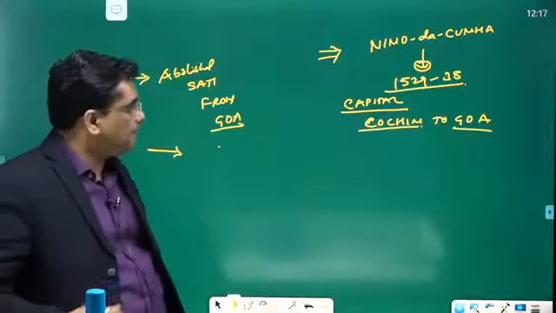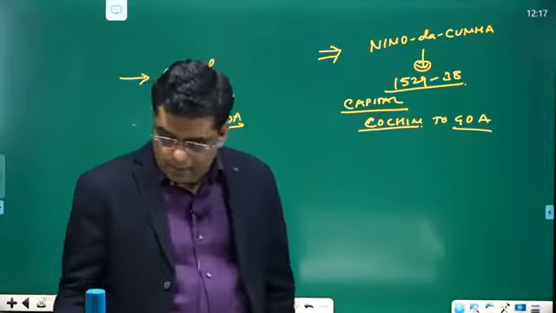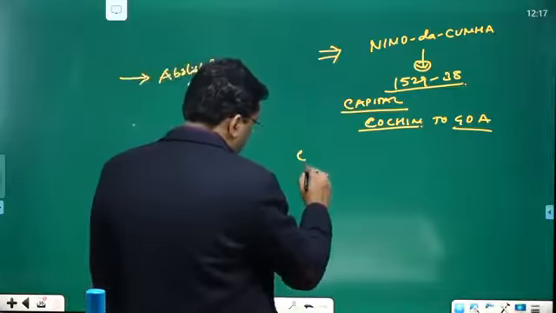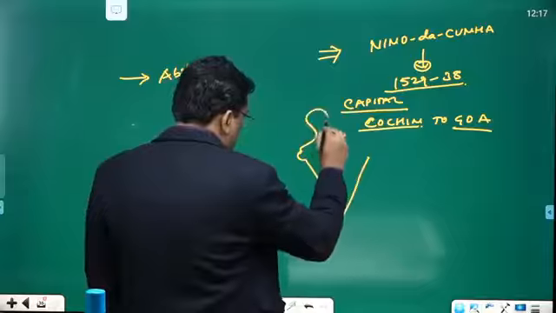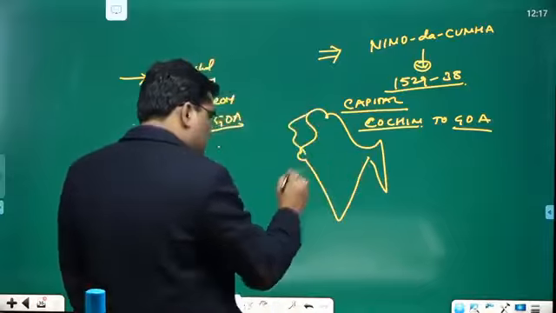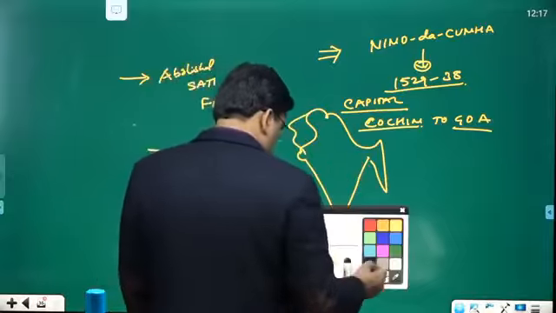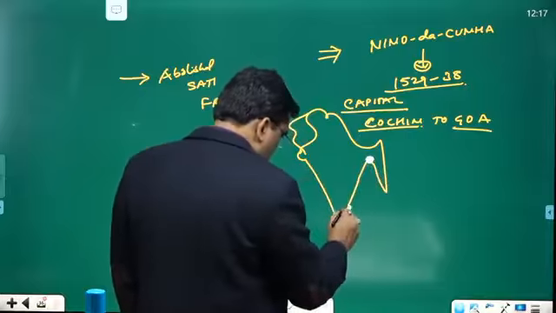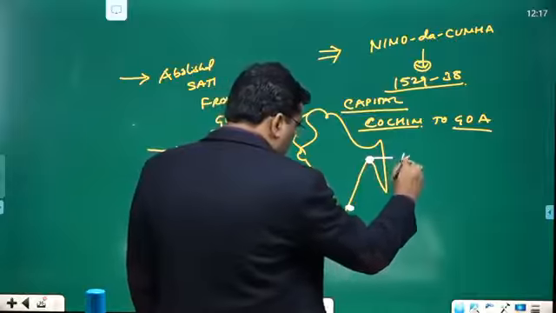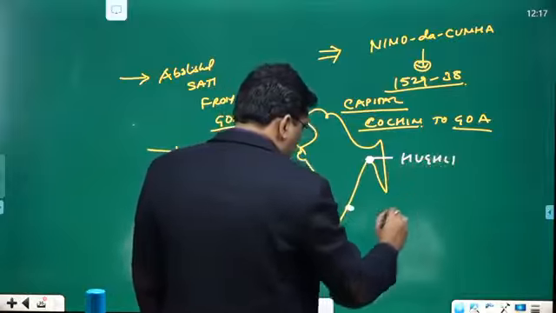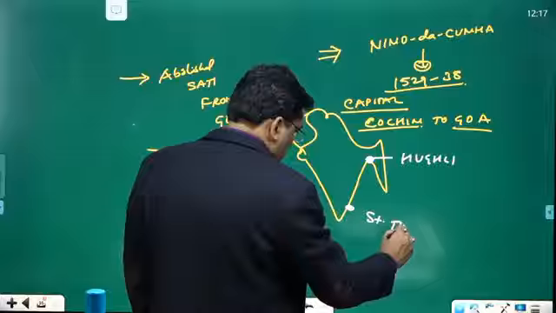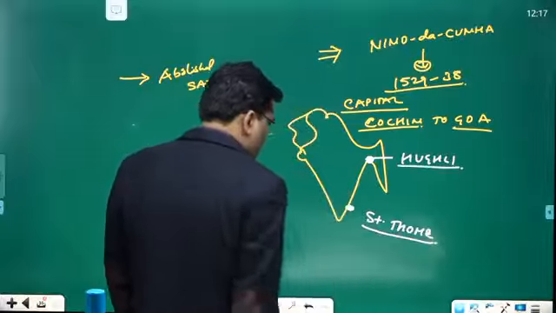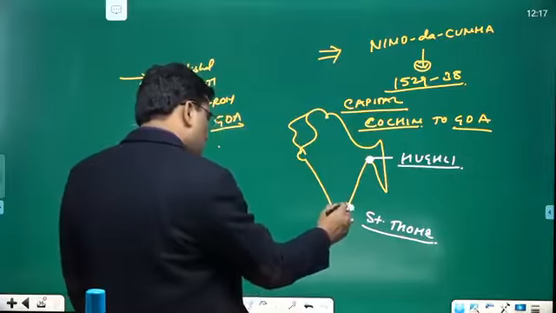Nino da Cunha established factories at Hooghly and Sandthorn.